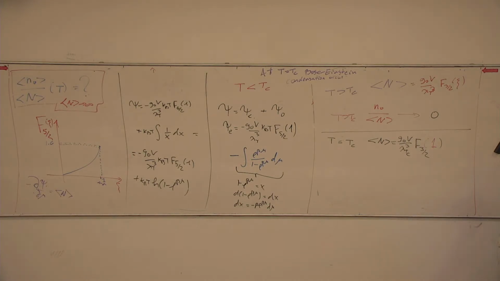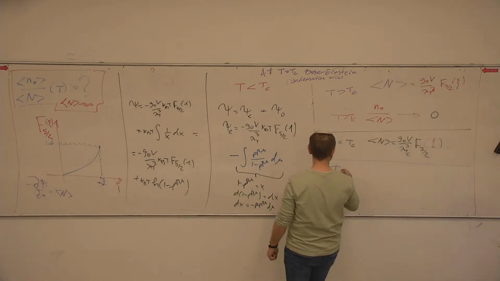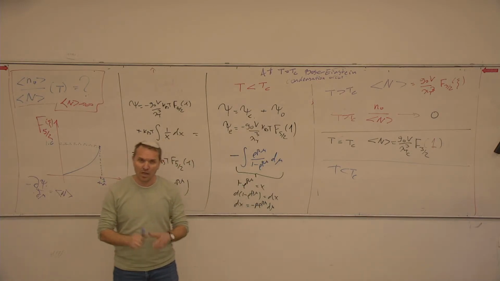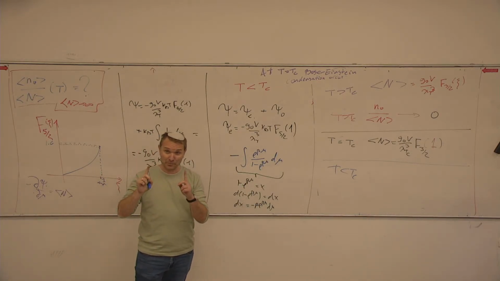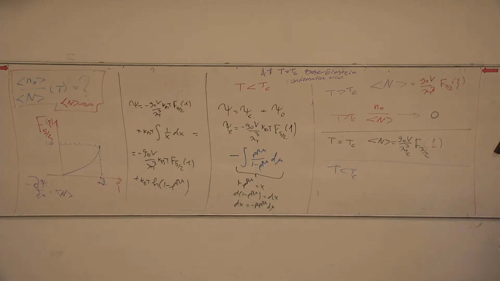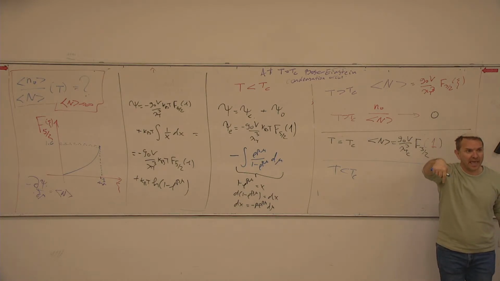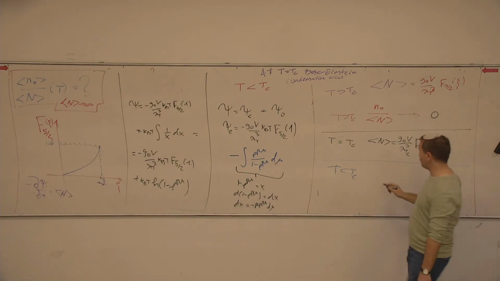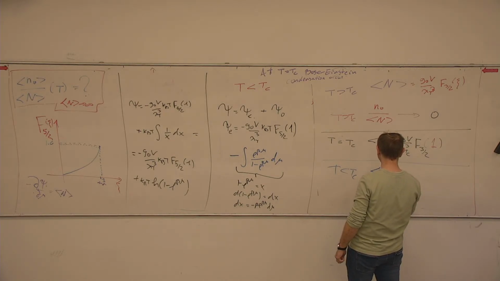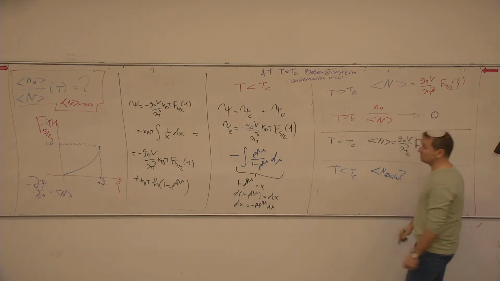Next step. What happens for T smaller than Tc? Now I can compute exactly the average number of particles, not at the lowest level, but at the excited levels. So n excited average.